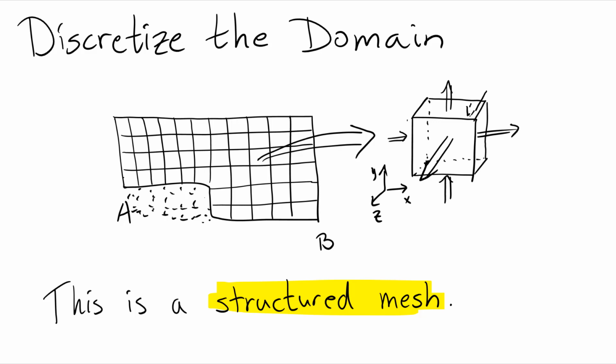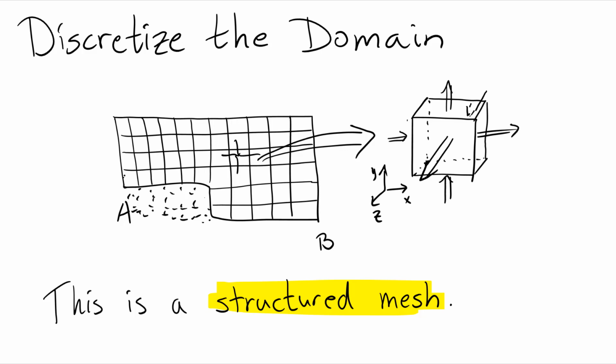In this case, we can go into one of the cells, and this cell is connected to 4 neighbors, and just by the structure of the mesh we know what neighbors these are. We don't need any further information.